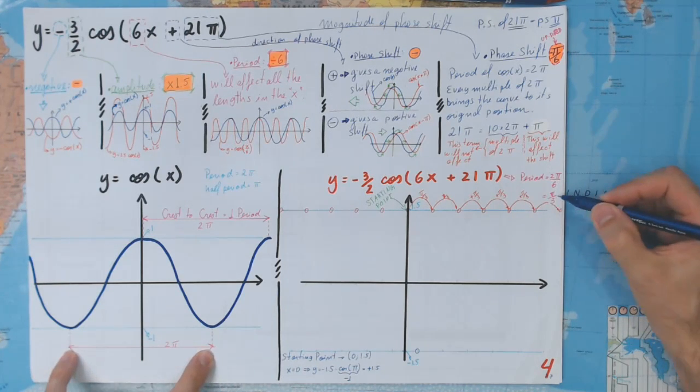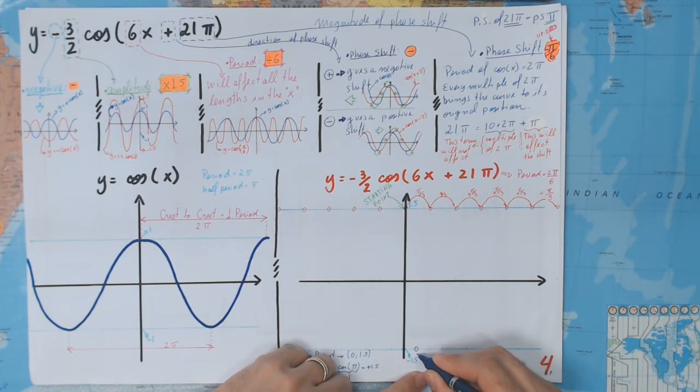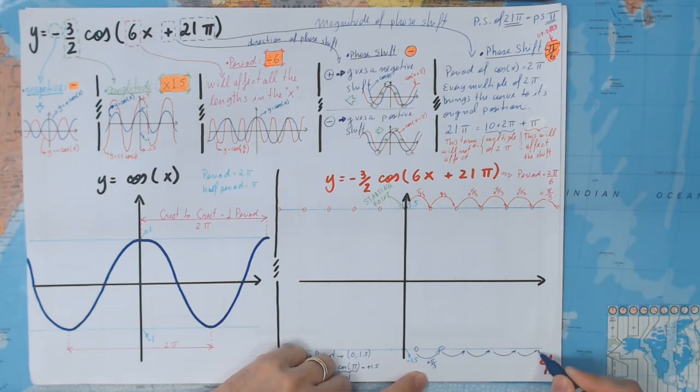But the period is pi over 3, isn't it? So I just have to start the same process over and over again. If I just add pi over 3, I'm going to get all the troughs. Always plus pi over 3, plus pi over 3, plus pi over 3. All those are going to be troughs.